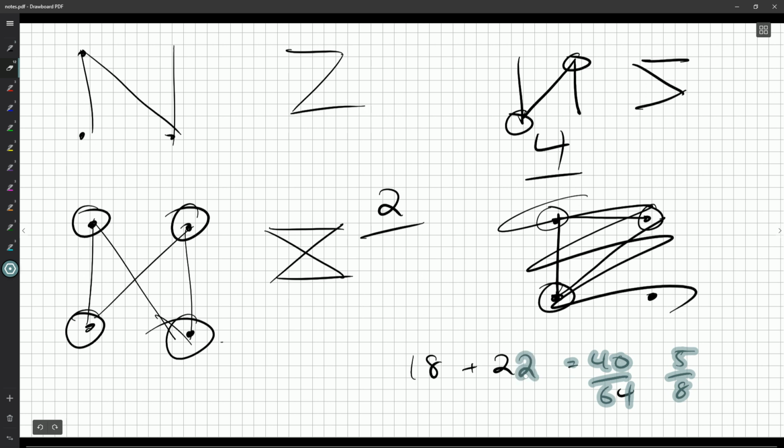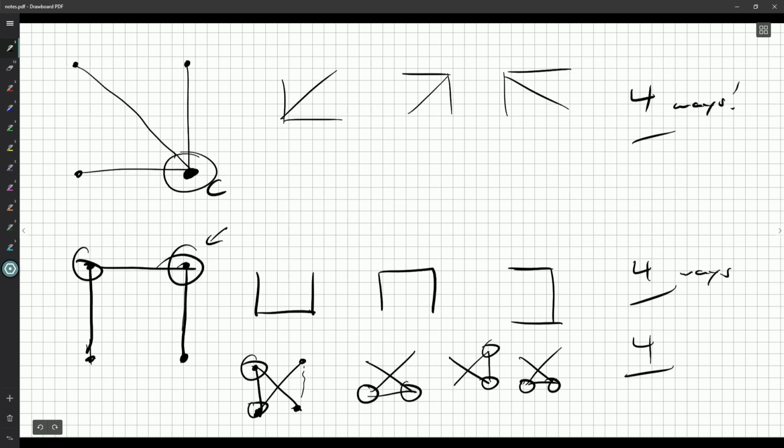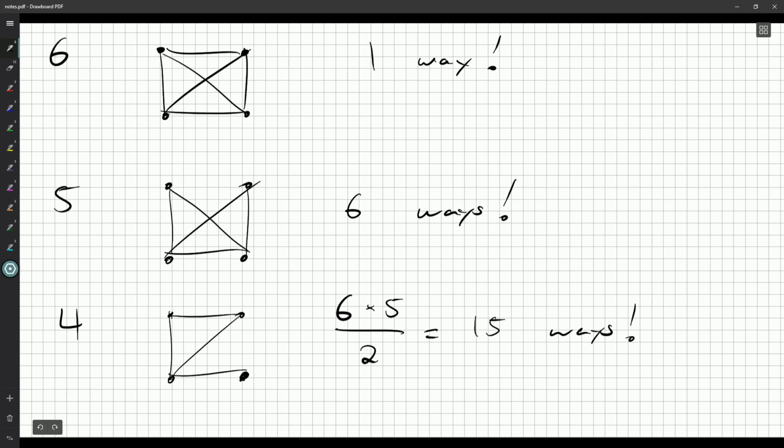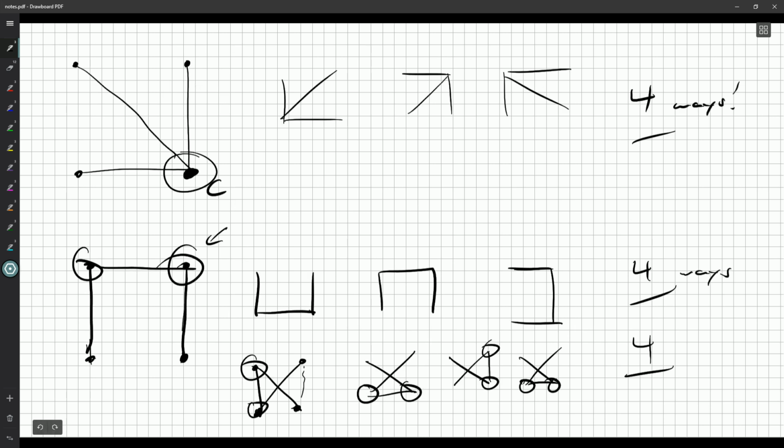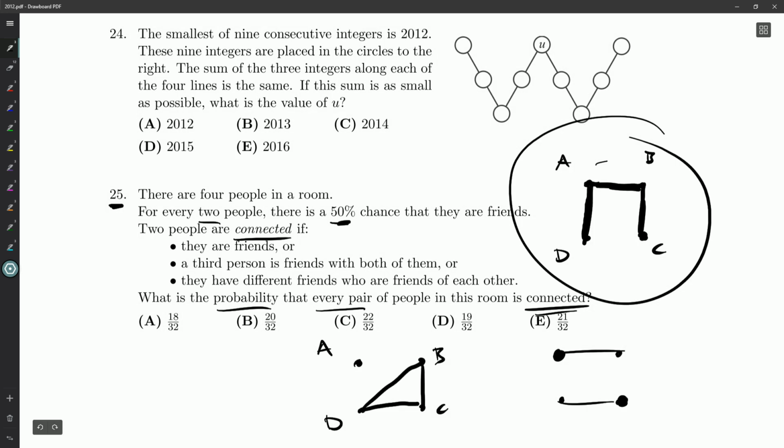You might say, are we missing something, or did we count something extra? And it can be hard to try and work it out. It really can. I firmly believe there's something I've missed here, because we've got these 18 different ways, and then we had 22 from these, 40, so it should be 5 out of 8, but there isn't a 5 out of 8. I guess this one here is 5 out of 8, so maybe the answer is B.